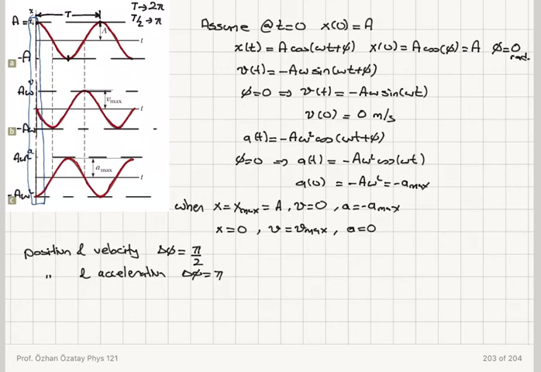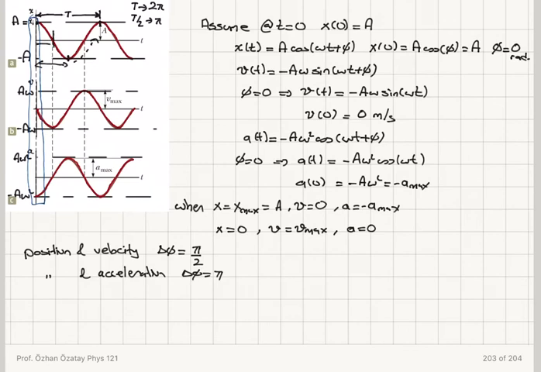So the full period T corresponds to a phase difference of 2 pi. Half a period corresponds to a phase difference of pi. So you can see that half a period time difference between plus maximum and minus maximum, the acceleration starts from minus maximum and goes to plus maximum. So it's basically following this part of the position.